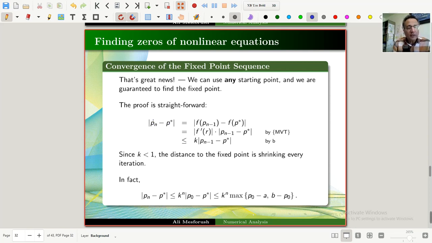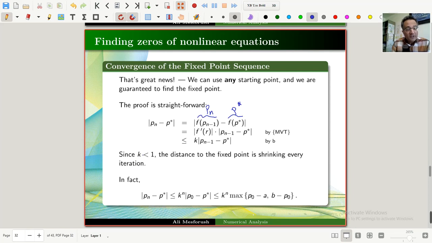If we put instead of Pn, f of Pn minus 1, and for P star we put f of P star, and we use the mean value theorem, we can put f prime of r dot absolute value of Pn minus 1 minus P star. But in the hypothesis of the theorem, we had the absolute value of f prime of r is less than k. So we put k instead, and we get this one.